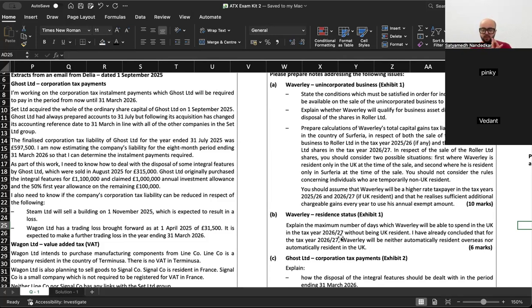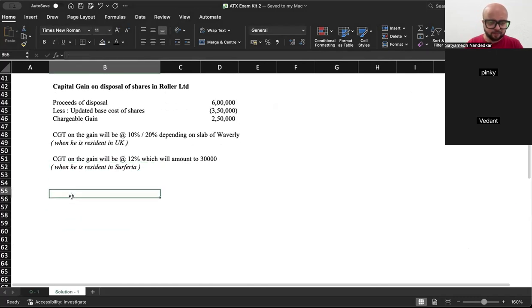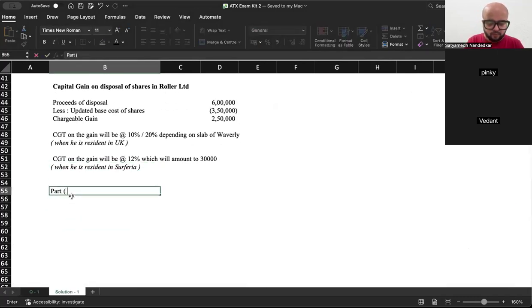I have already concluded that for tax year 26-27, Waverley will be neither automatically resident nor automatically non-resident. Now, because he is neither automatically resident nor automatically non-resident, the number of days he can spend in the UK in year 26-27 will depend on the number of ties he has with the UK. Okay. Now only one test is left, right, the sufficient ties test.